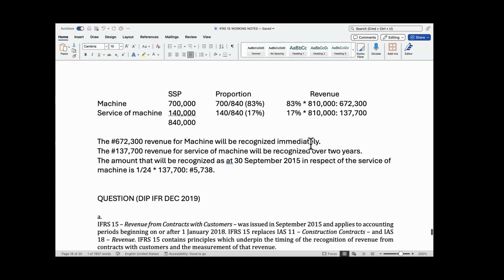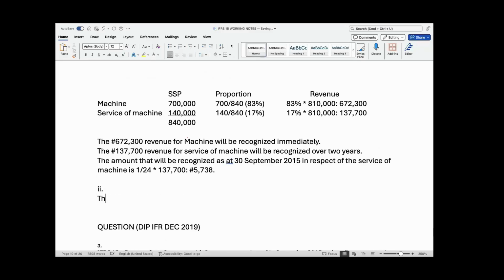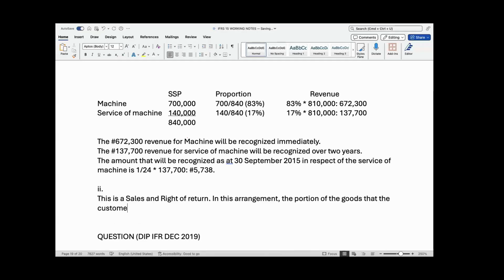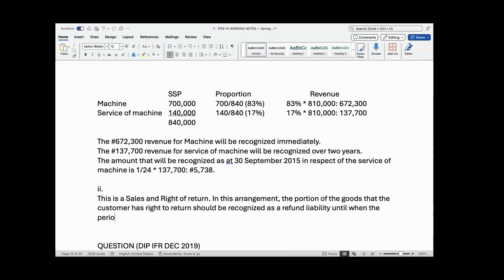Okay. So the second part, this is a sales with right of return. In this arrangement, the portion of the goods that the customer has right to return should be recognized as a refund liability until the period covered by the right of return elapses.